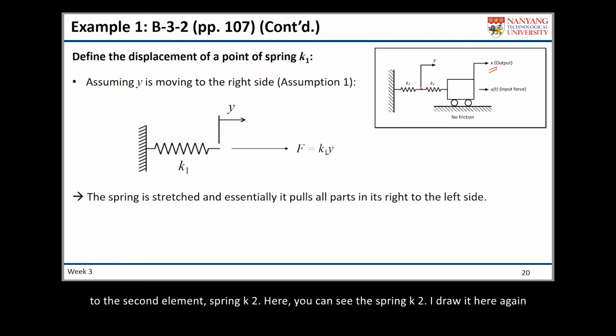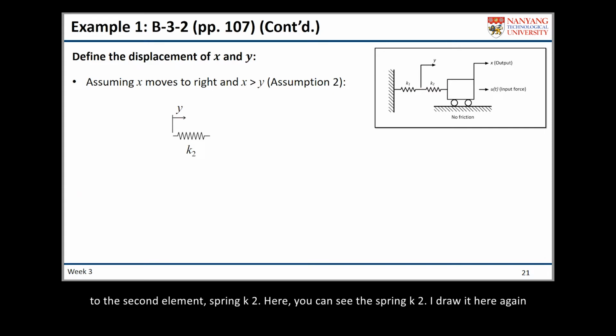We move to the second element, spring K2. Here you can see the spring K2. I draw it here again individually. So based on our previous assumption in the previous slide, the left end of spring K2, which is equal to the right end of spring K1, is moving to the right by y.